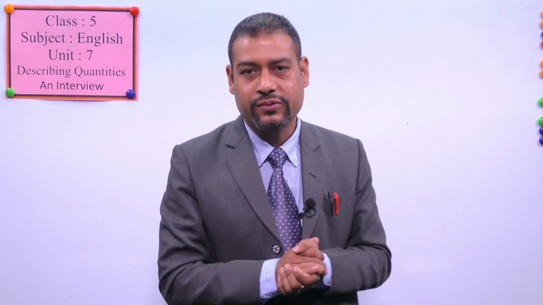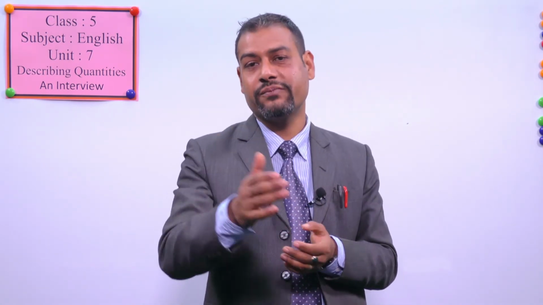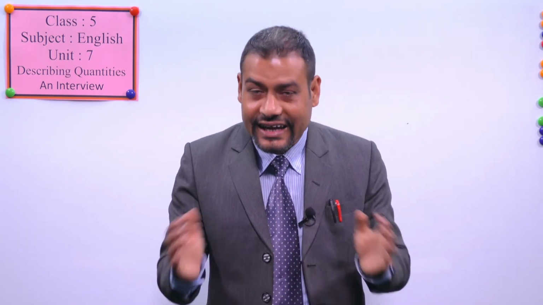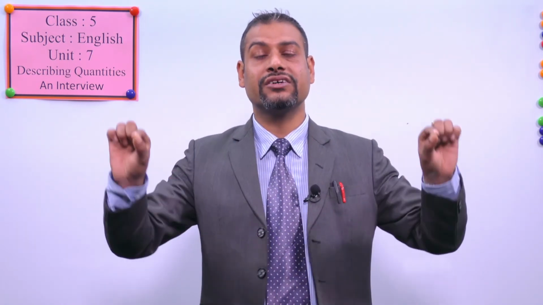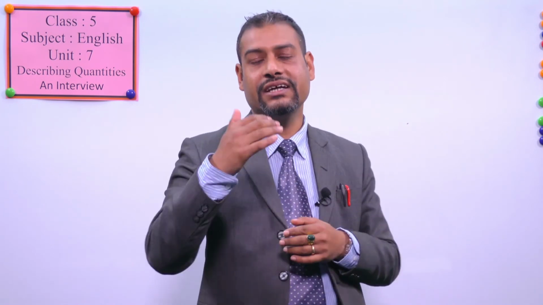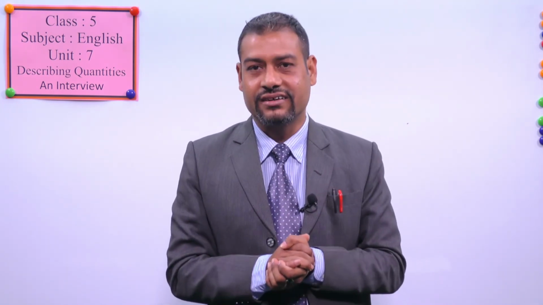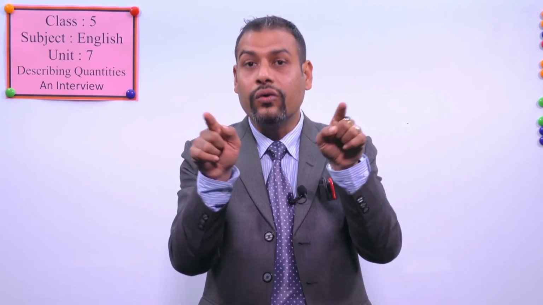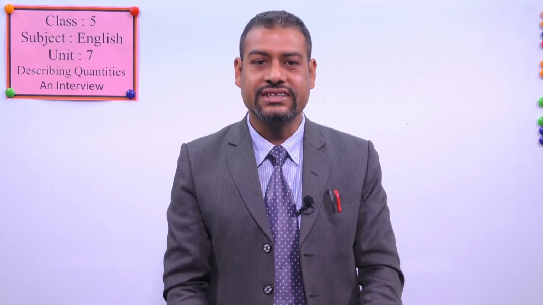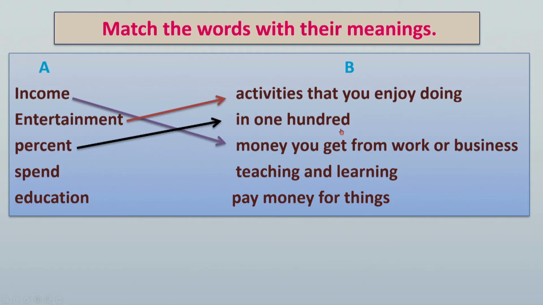So 65% in total and 35% saving. Likewise, Puna spends 80% on food and clothes, then 10% on education and 10% on healthcare. So we always calculate percentage in 100. That's why its correct meaning is in 100. All right, is that correct? If you have made a mistake, please correct it.